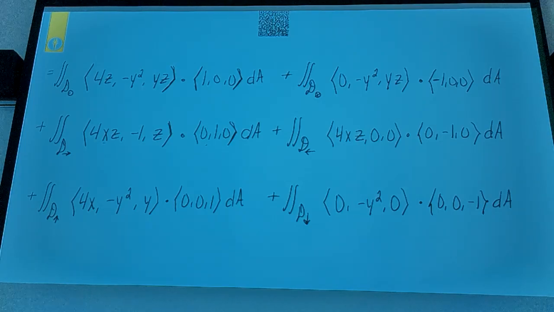This is a really nice one. The back, left, and bottom all evaluate to 0. That doesn't mean that the vector field doesn't flow through it.